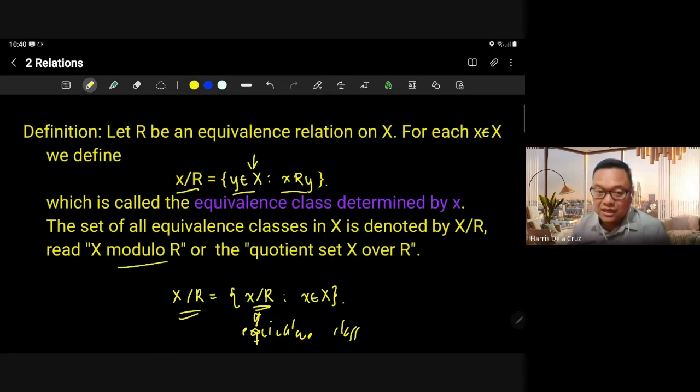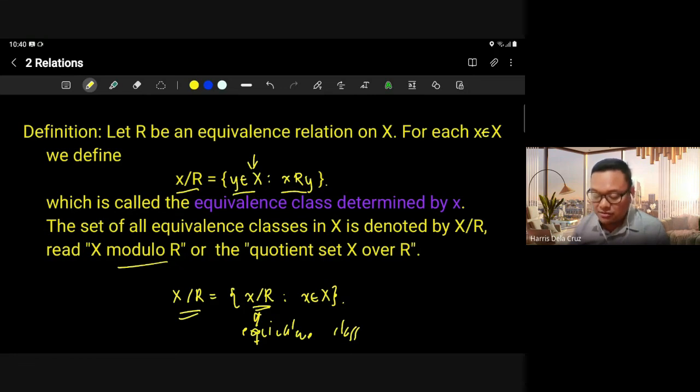Okay? So, lahat ng equivalence classes ni R, yun yung laman ng X modulo R. Given na this R is an equivalence relation, then small x over R is called the equivalence class determined by x.